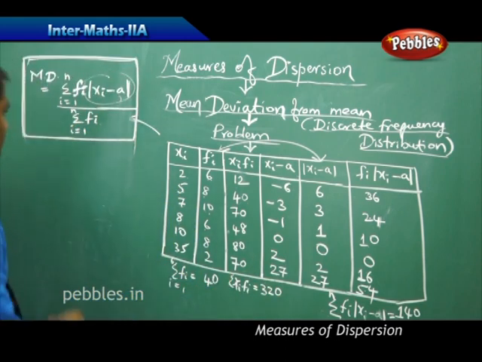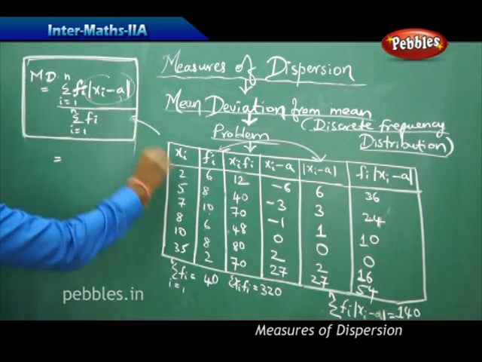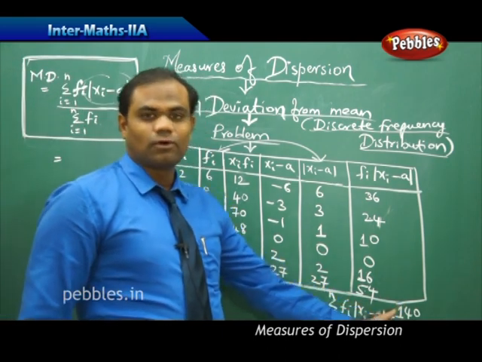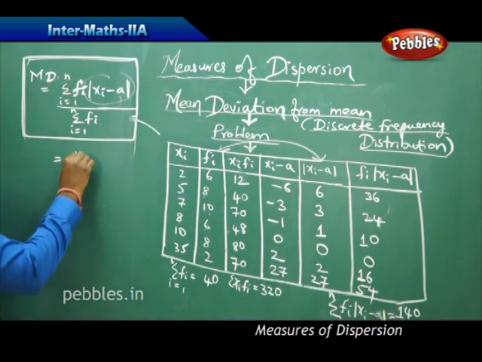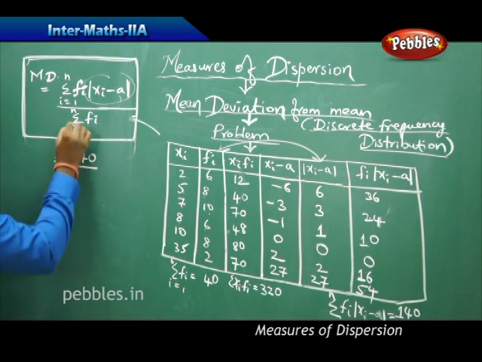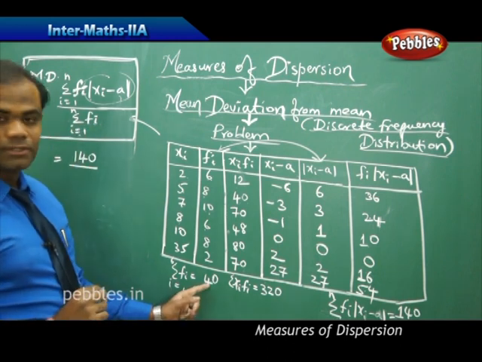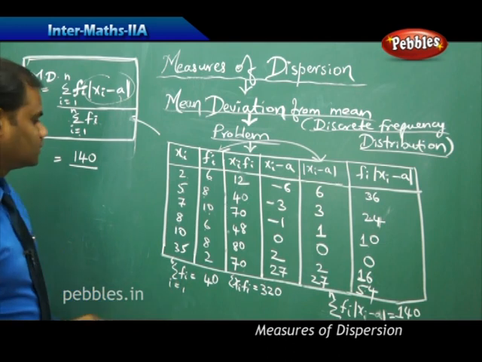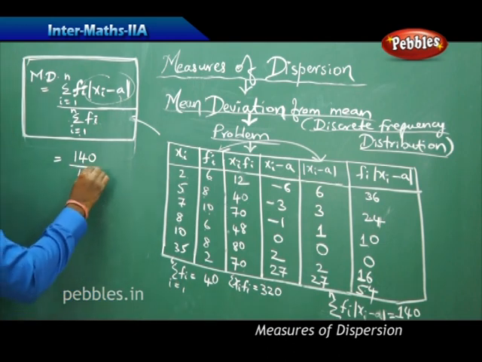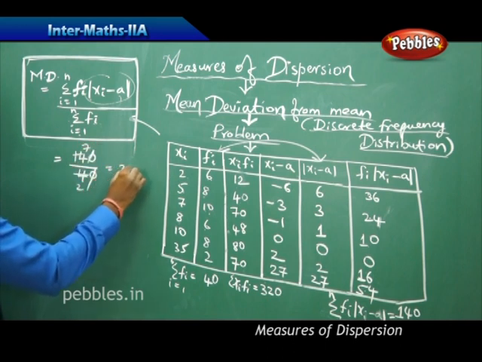Therefore, when substituted, sigma fi mod xi minus a is 140, so I get the numerator as 140, and sigma fi is 40, which on further simplification gives 3.5.